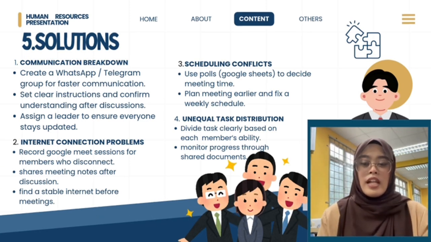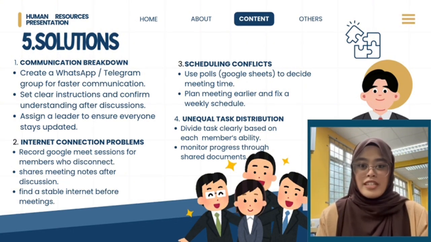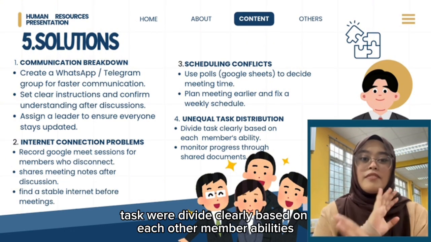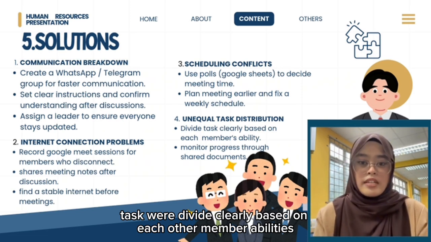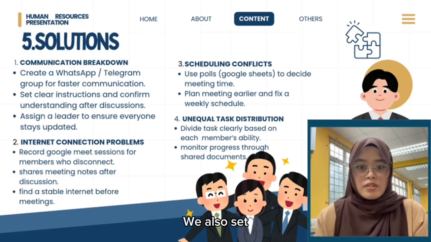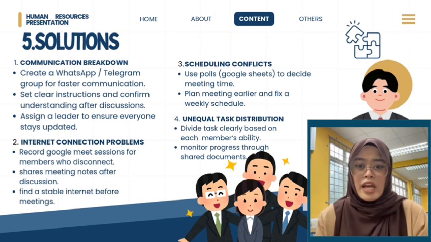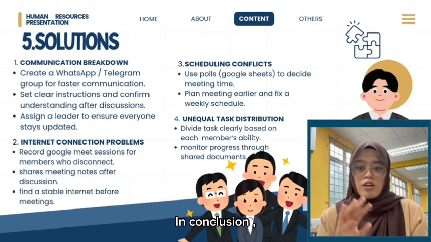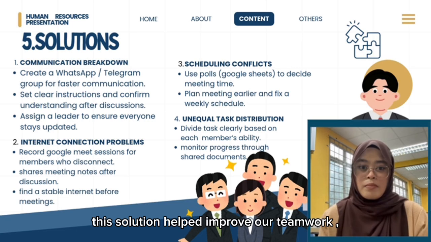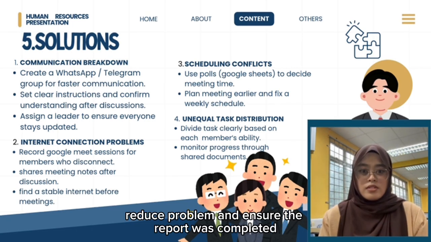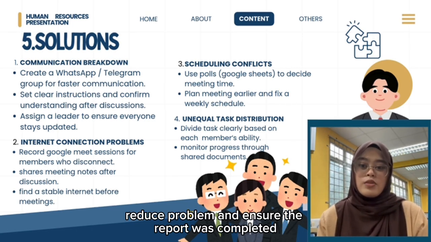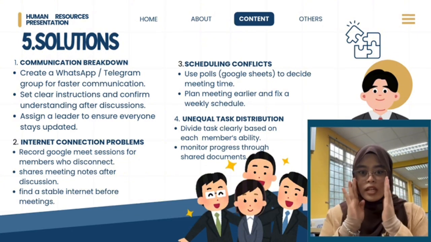Lastly, to avoid unequal task distribution, tasks were divided clearly based on each member's abilities. We also set individual responsibilities and deadlines to ensure everyone contributed fairly. In conclusion, these solutions helped improve our teamwork, reduce problems, and ensure the report was completed successfully.